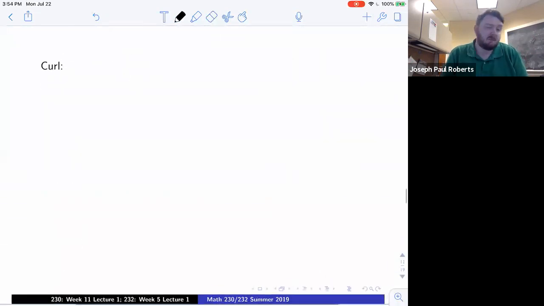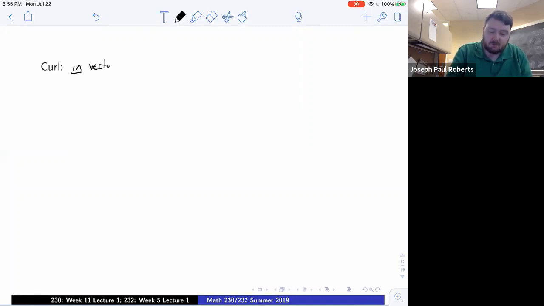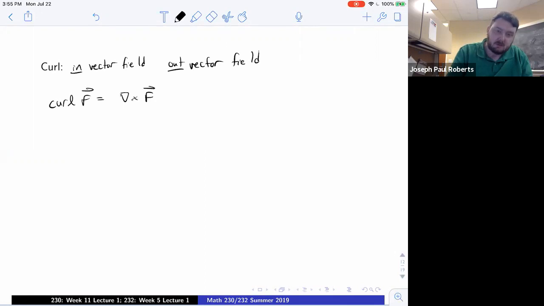Before we do an example, I'll spoil the surprise and tell you what curl is. The curl is an operation that starts with a vector field and ends with a vector field. So curl of a vector field, as you might have guessed, is going to be like a cross product.